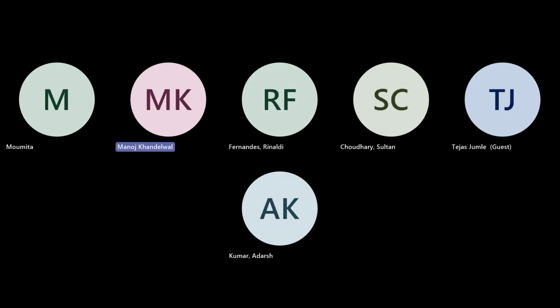Everybody is done, right? So I'm repeating that there are two types of functions. One is a scalar function which will return a value, and the other is a table valued function which returns a table. Okay, is this clear? Tejas, understood?